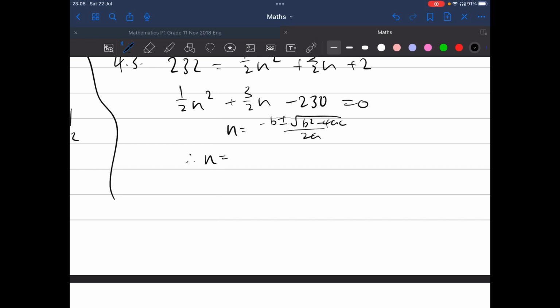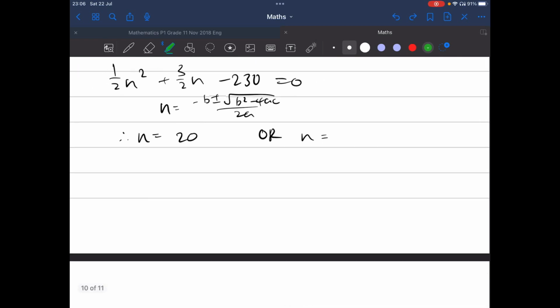So in place of b, I'm going to put 3 over 2, minus 3 over 2 plus the root of 3 over 2 squared minus 4 times half times c, which is minus 230, all over 2a, where instead of a, I'll say half. If I press equals, I'll get 20. Now where I had plus here, I'll put in minus, and that gives me negative 23.